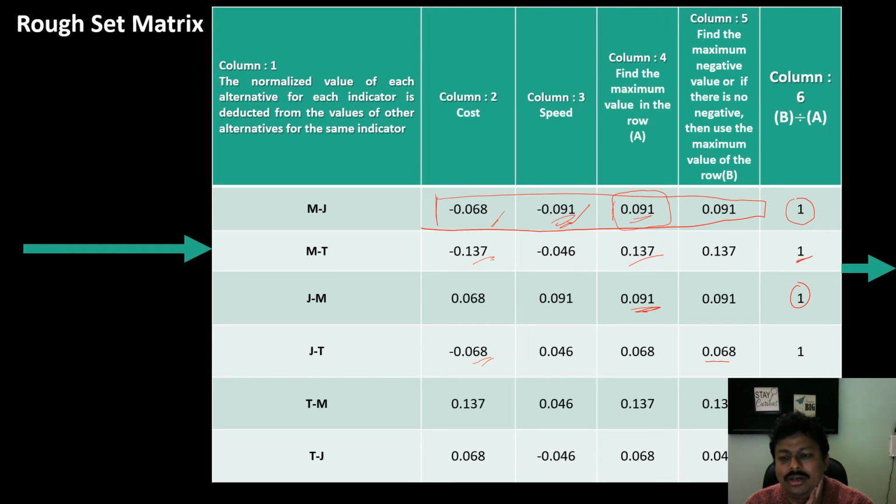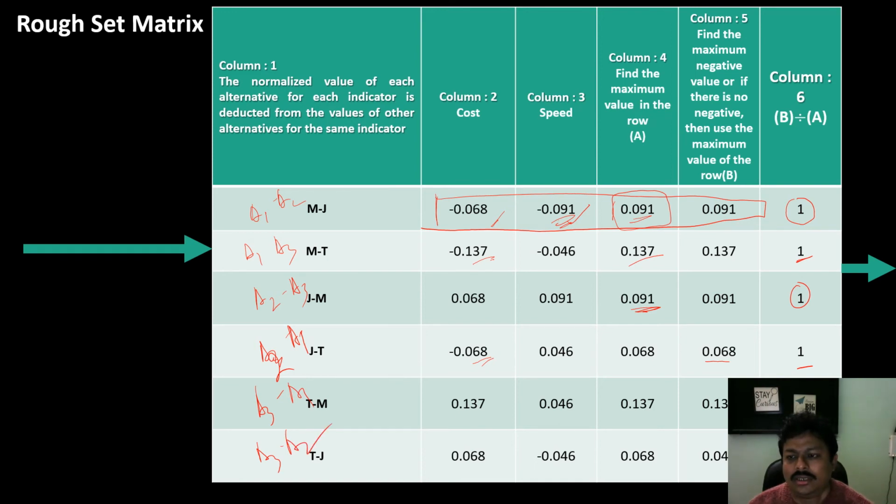So divide it and 1 will come, and so on. And this you will do for all these deductions. That means for A1 minus A2, then A1 minus A3, then A2 minus A3, then A2 minus A1, then A3 minus A1, and A3 minus A2.